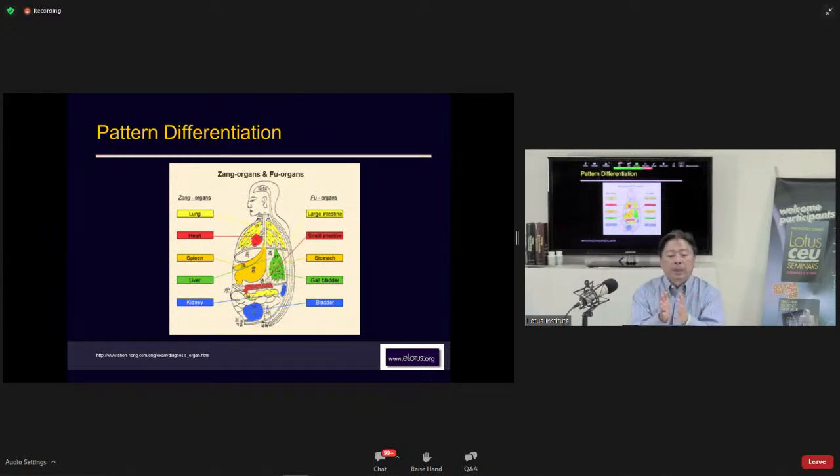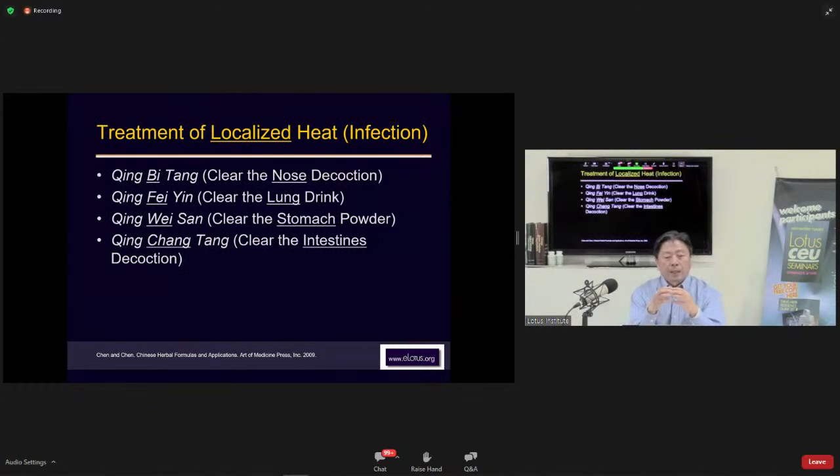All right, so in this case, it's quite useful when we look at the formulas and also what they are and what they do to where the infection is. And what I mean by that is a lot of the classic formulas would describe where the heat is, and in a way is telling you what the formula treats.